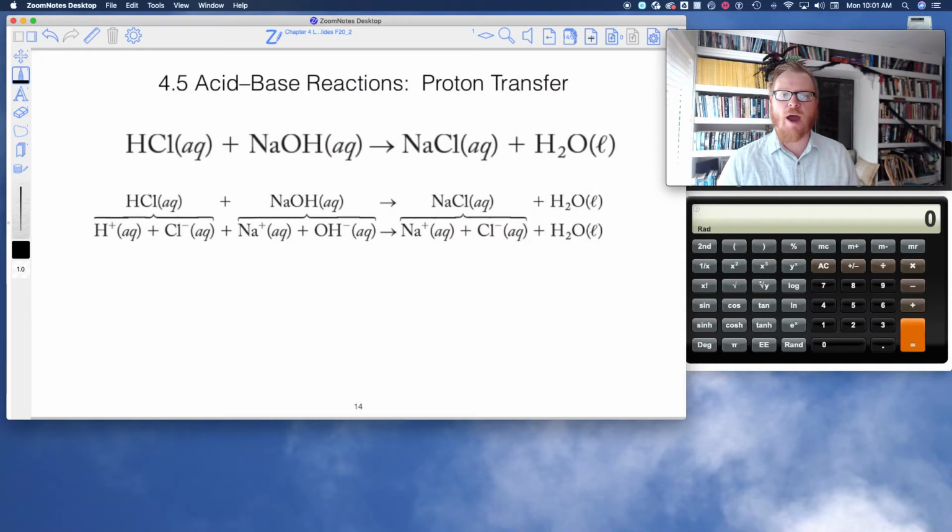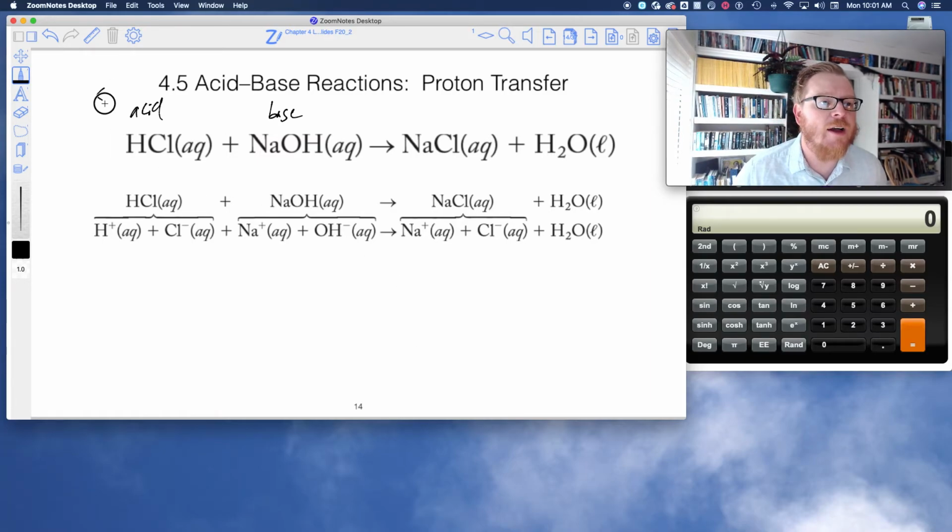Okay, moving right along. So now if we look at HCl, still our acid, but now reacting with sodium hydroxide. Sodium hydroxide is a base, it's a proton acceptor, but as we will see, HCl, I've told you already, is a strong acid.